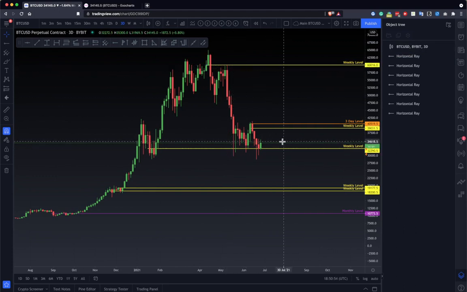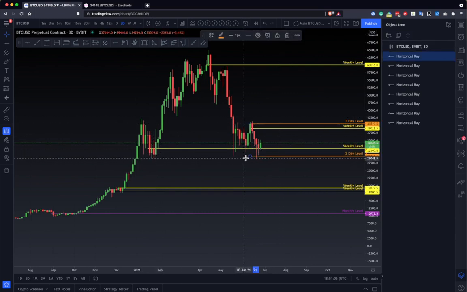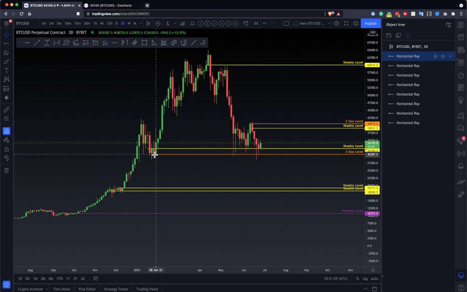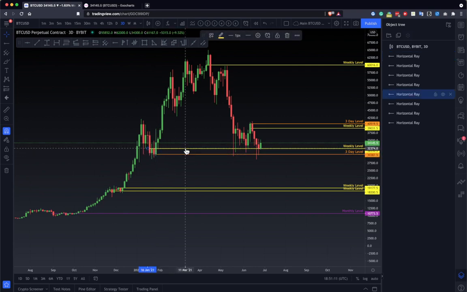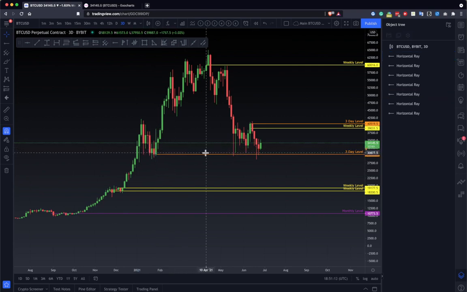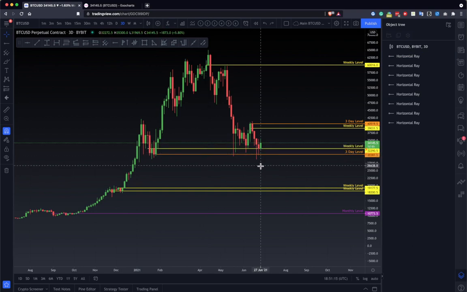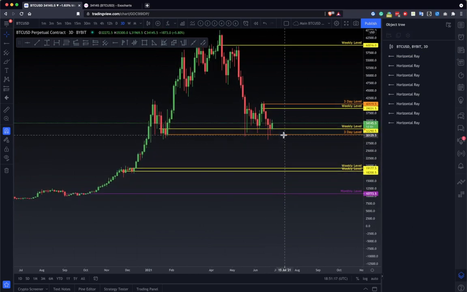So I have this weekly, that's very close. I have a 3-day level here. I won't mark it for now. And I have another 3-day level here, so I will prefer to keep this one now over the weekly. Yeah, let's keep the weekly for now.